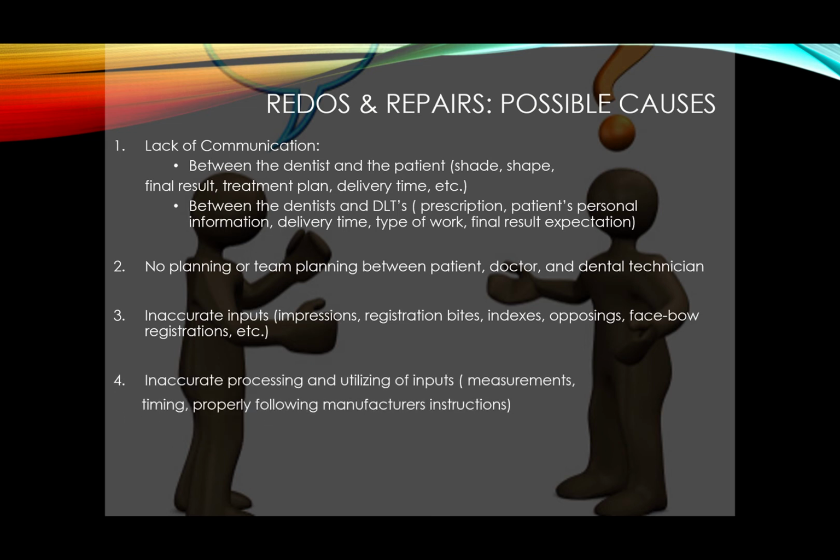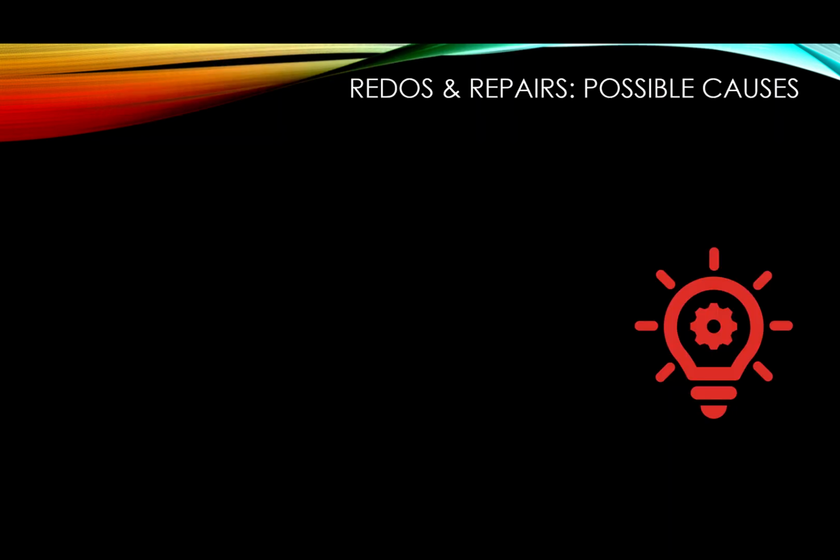Now, inaccurate processing and utilizing of the inputs. I got an impression, but I didn't pour it well. I got a wax bite, but I distorted it. So measurements, timing, properly following manufacturer's instructions, properly doing your job according to the book. You stick to the book in everything.